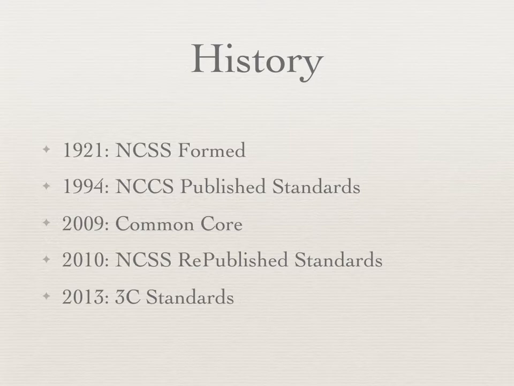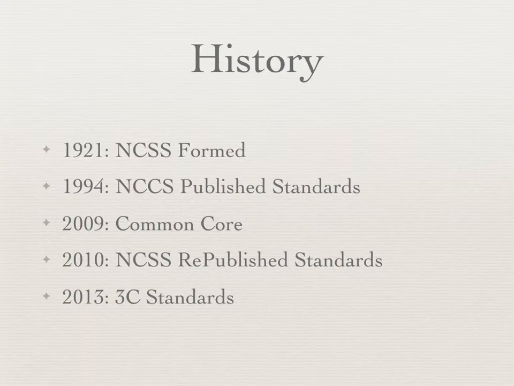And the C3 standards led a collaborative effort, and the 3Cs stand for college, career, and civic life. And it's a framework for social studies state standards, and it is really developed just to serve two different audiences. The first one was for states to upgrade their state social studies standards. And then the other one was for practitioners, that's us, so local school districts, schools, teachers, and curriculum writers.